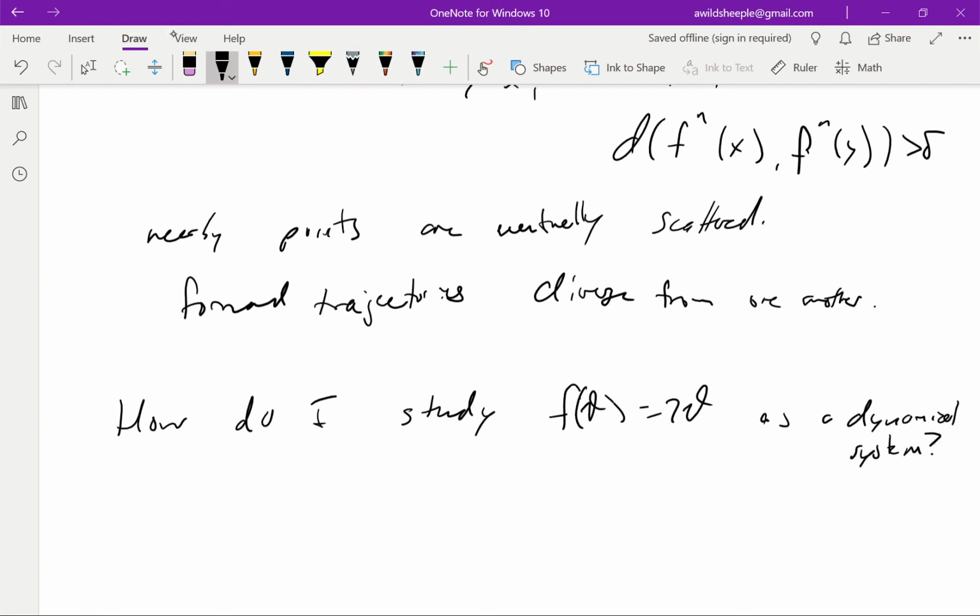And also, does this map have sensitive dependence on initial conditions? Let me first motivate this by explaining why this is a reasonable question. If this map has sensitive dependence on initial conditions, then the space that we construct as the inverse limit cannot be a covering space.